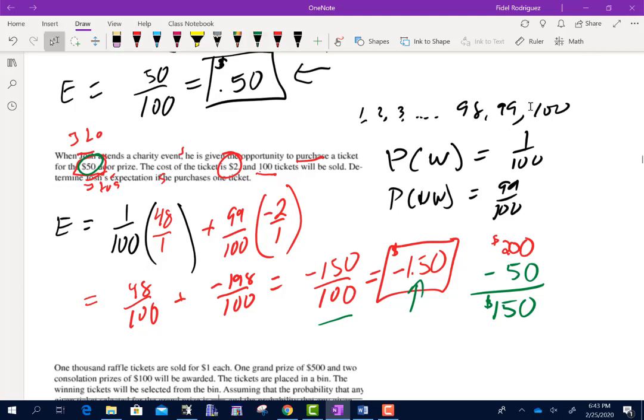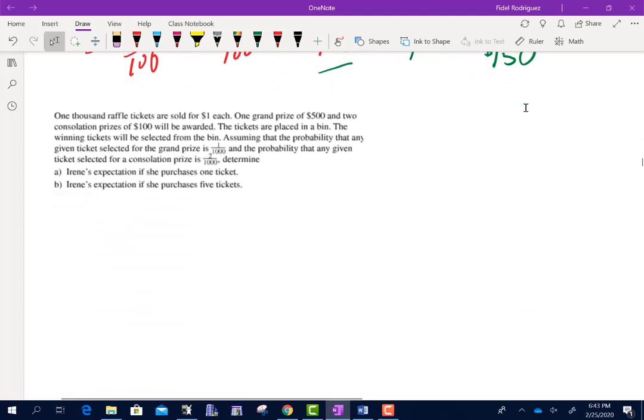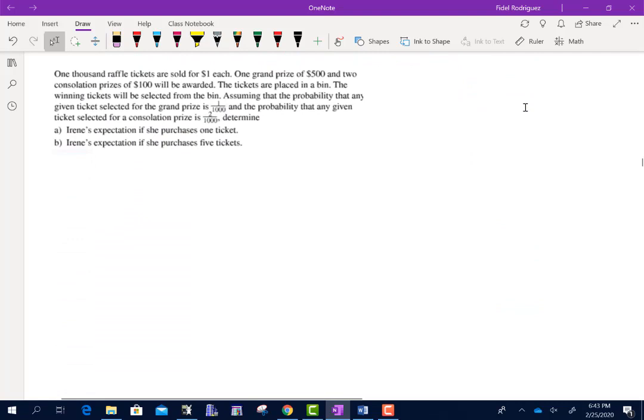Okay, so let's go to the next problem. All right, so it says 1,000 raffle tickets are sold for $1 each, a grand prize of $500, and 2 consolation prizes of $100 are going to be awarded. The tickets are placed in a bin, and the winning tickets will be selected from the bin.